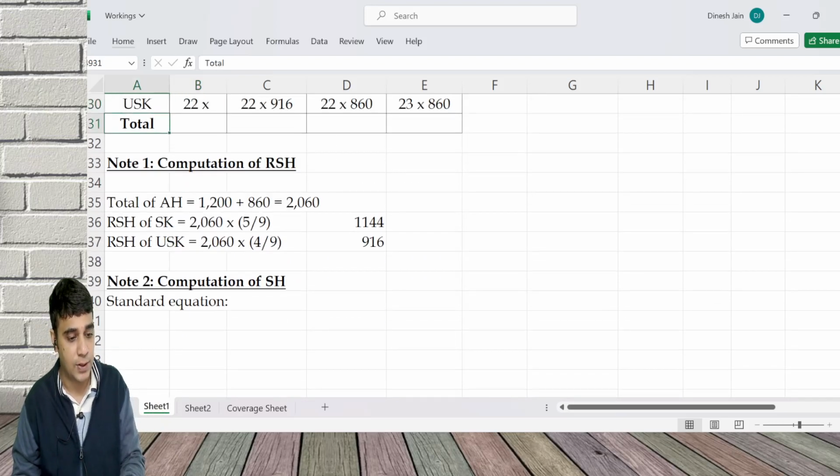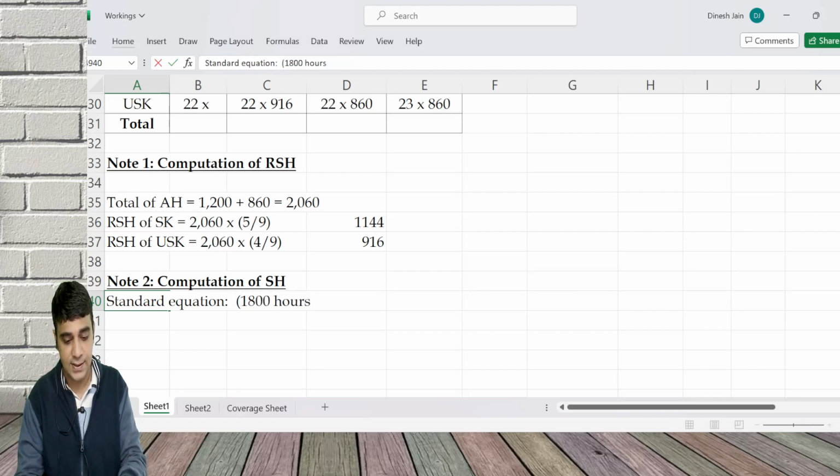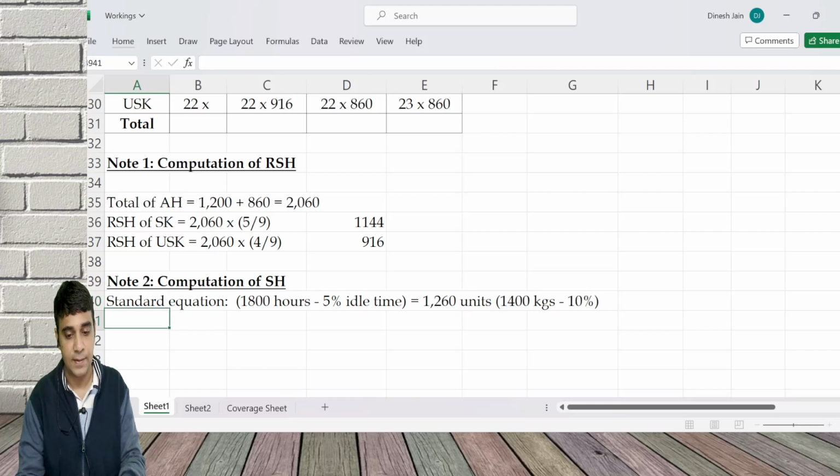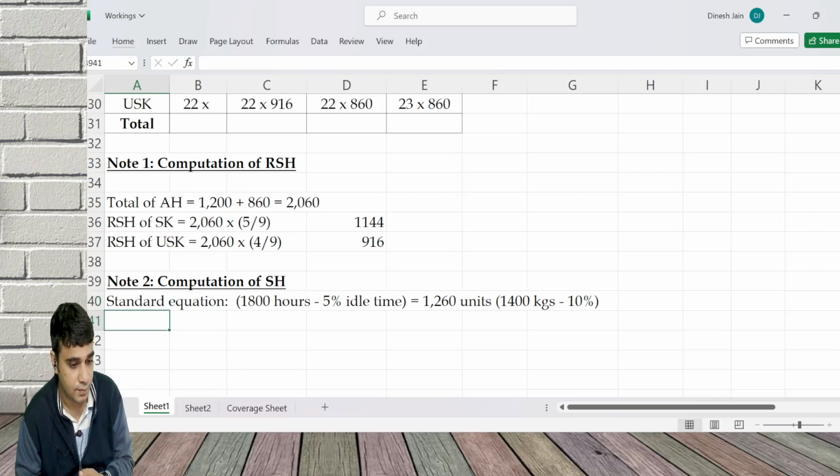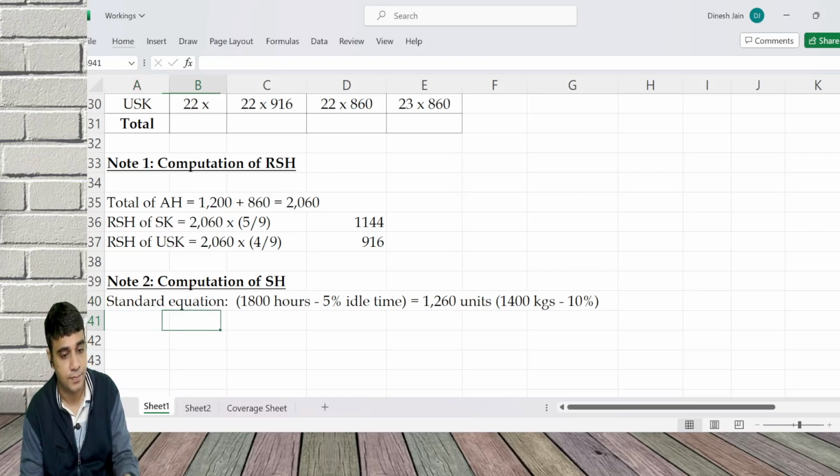Alright, standard equation: 1800 hours minus 5% idle time equal to 1260 units, in bracket 1400 kgs minus 10%.